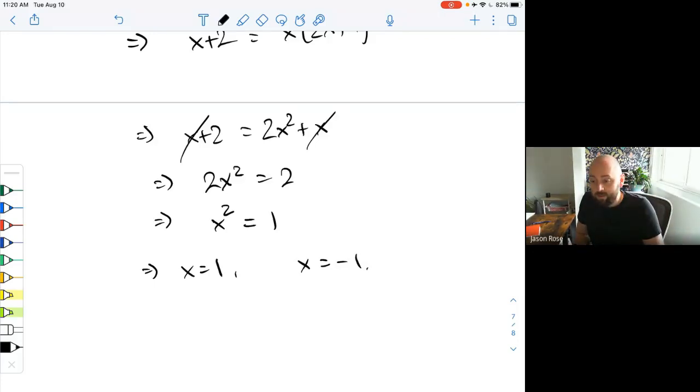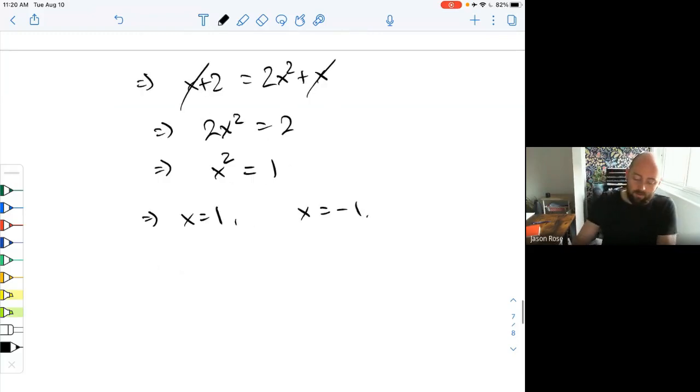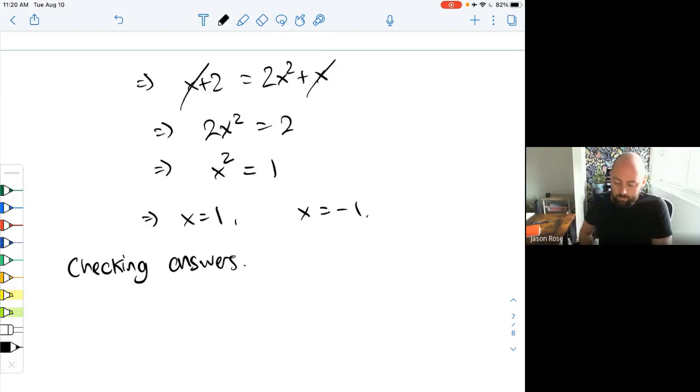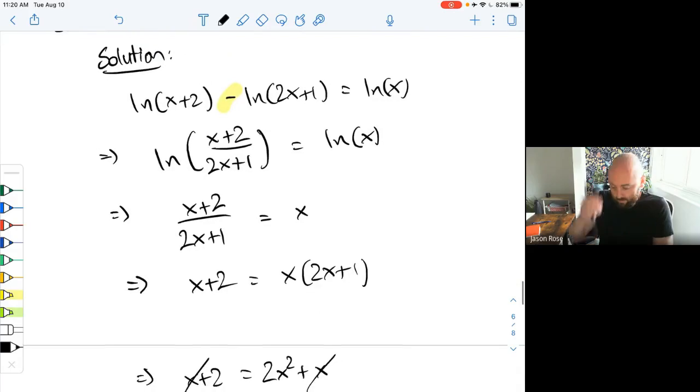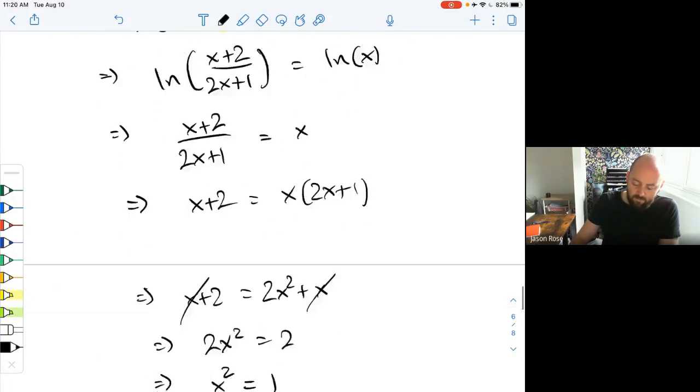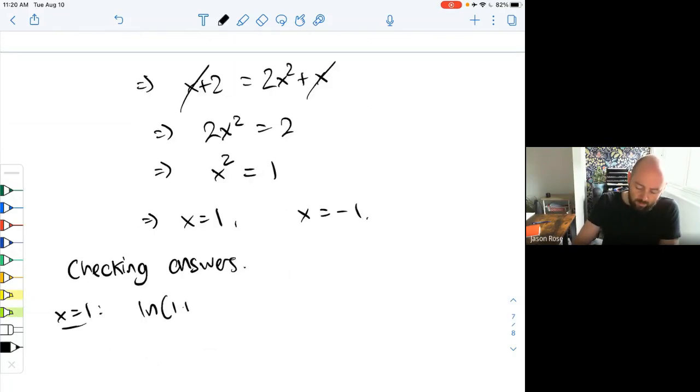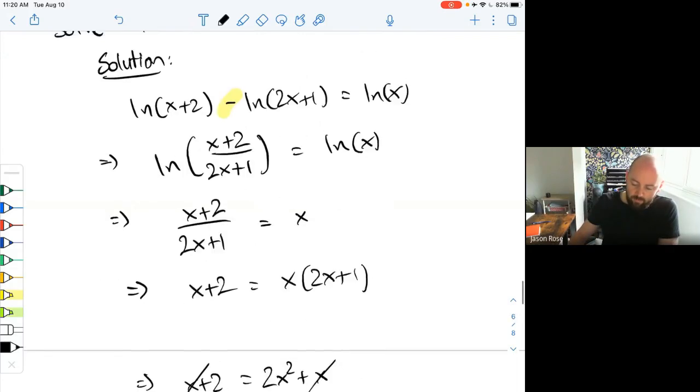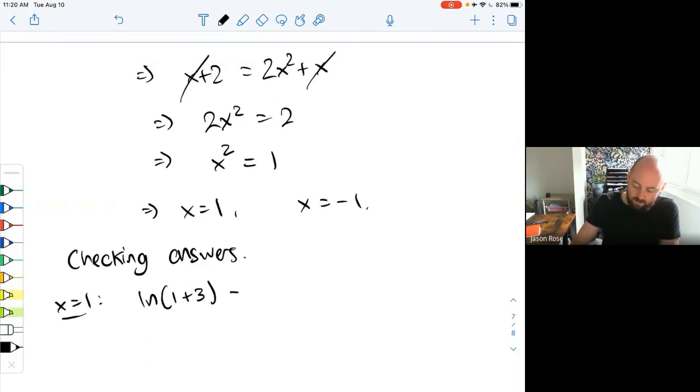Now, again, when we go back here, I'm just going to say here, checking answers. So if I check x equals 1 in here, natural log of 1 plus 3 minus natural log of 2 times 1 plus 1 is equal to natural log of 1. That looks okay to me.